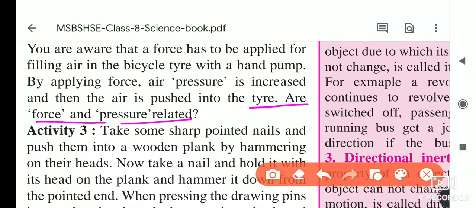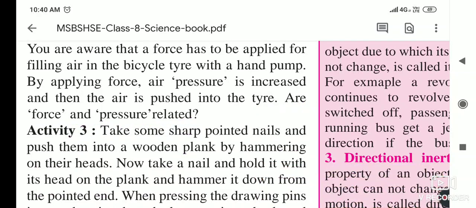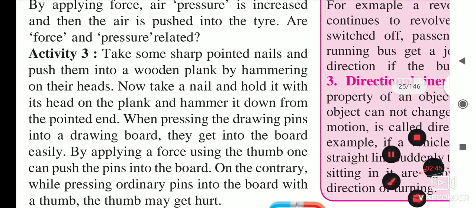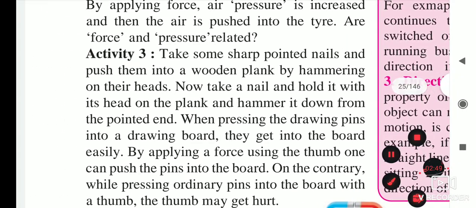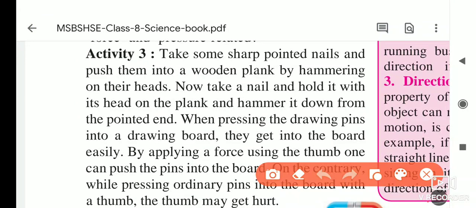Now the next activity, the third activity: take some sharp pointed nails and push them into a wooden plank. Suppose this is our nail and this is the plank.